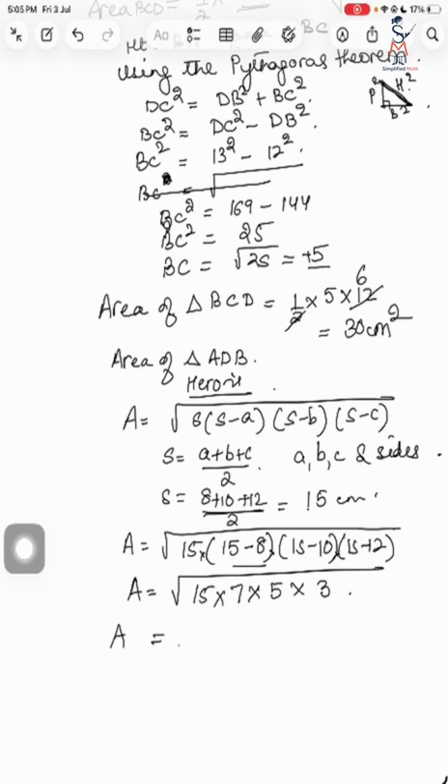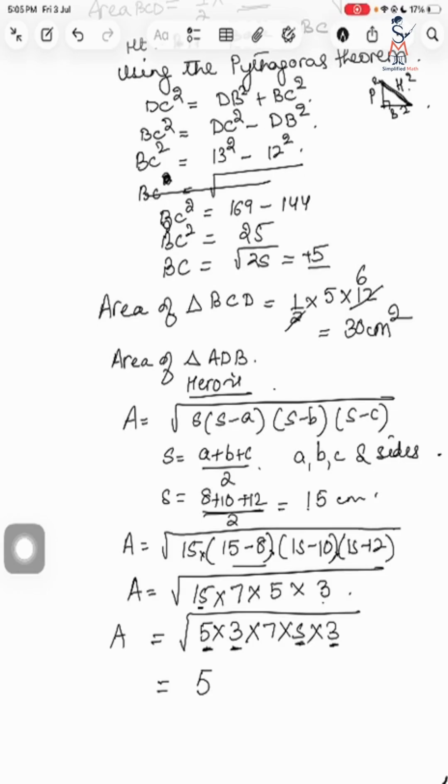Now, instead of multiplying the whole thing and then finding the square root, that will become tedious. So we will factorize the terms which are not in prime factors. So 15 can be written as 5 into 3, into 7 into 5 into 3, and the rest as it is. Now I can make pairs, 3 pair, 5 pair. In the square root, out of the pairs we take out one number.